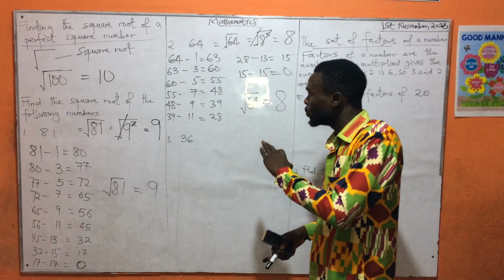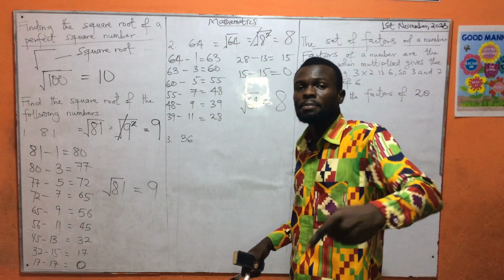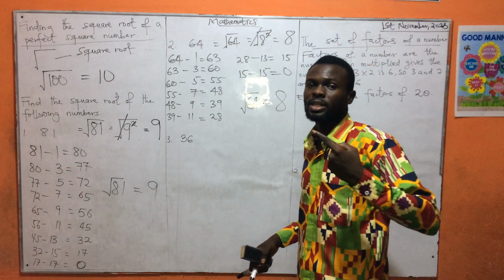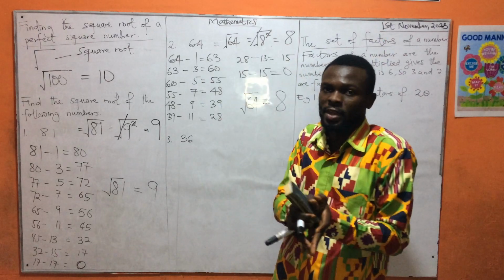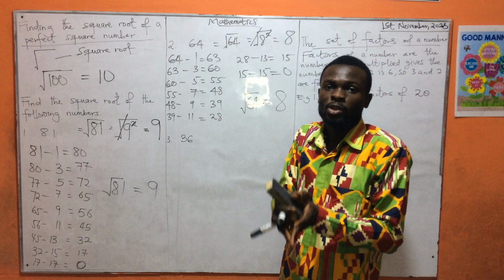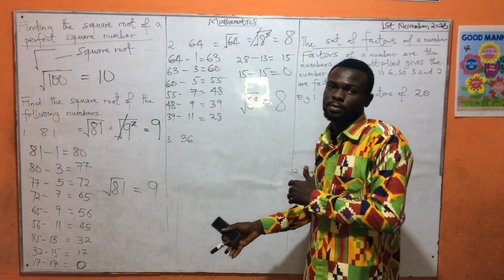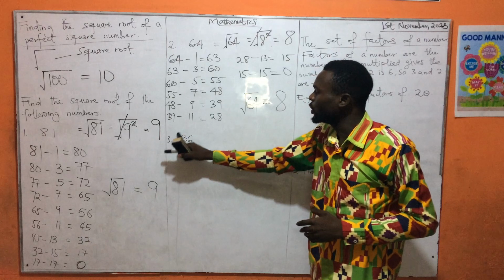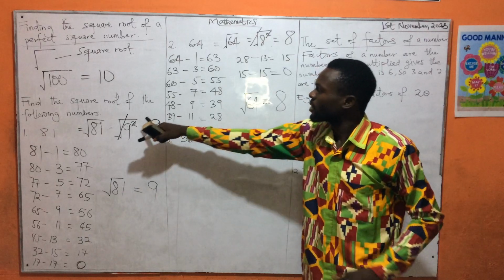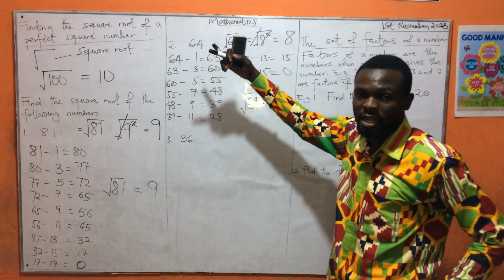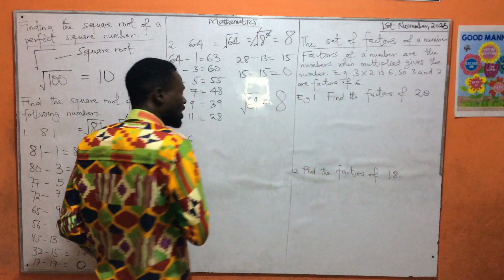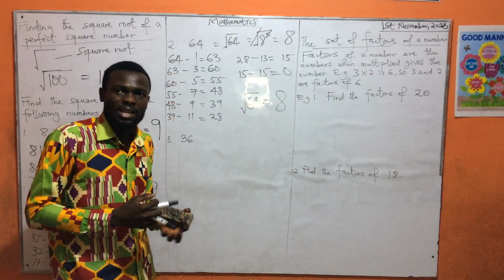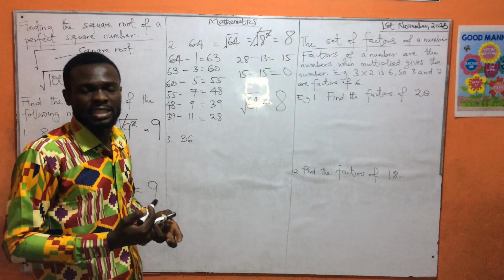Once we get 0, we count the number of times we subtracted the odd numbers from the perfect square to get the answer. Good. So we can use the simplest way, which is the other one, but let's use the repeated subtraction method for 36. We are to find the square root of 36.